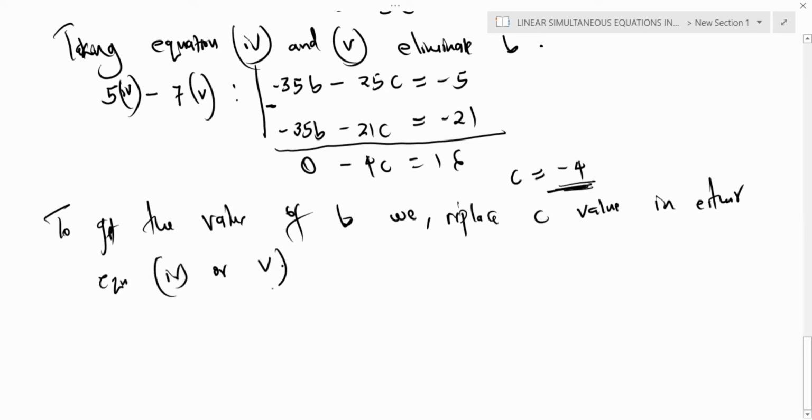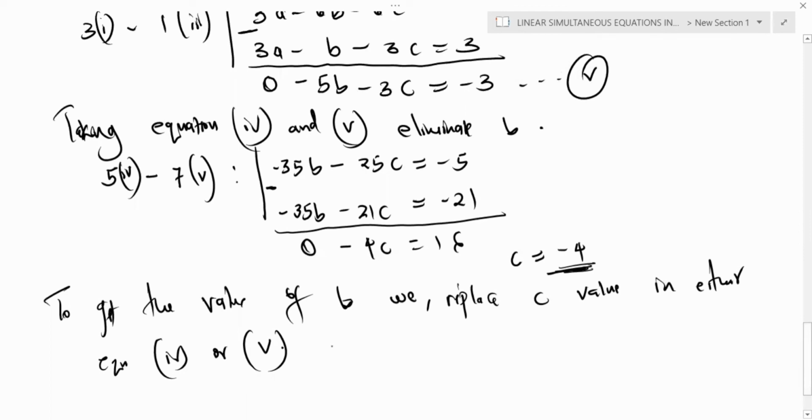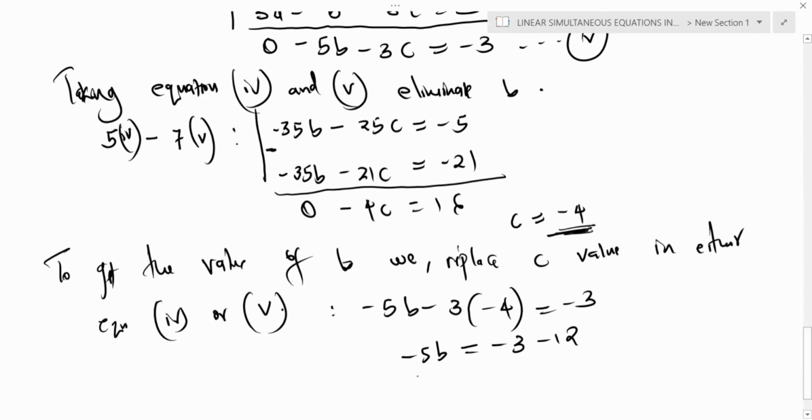We'll choose one to replace it in. Let's replace the value of C in equation 5. We have minus 5B minus 3C, but what's the value of our C? C is minus 4. So minus 5B minus 3 times minus 4, this will be plus 12, bringing it to the other side. So that will be minus 3 minus 12. This will give us minus 5B is equal to minus 15.